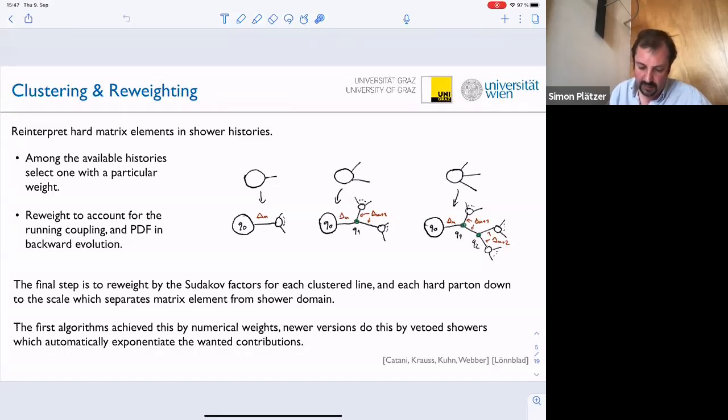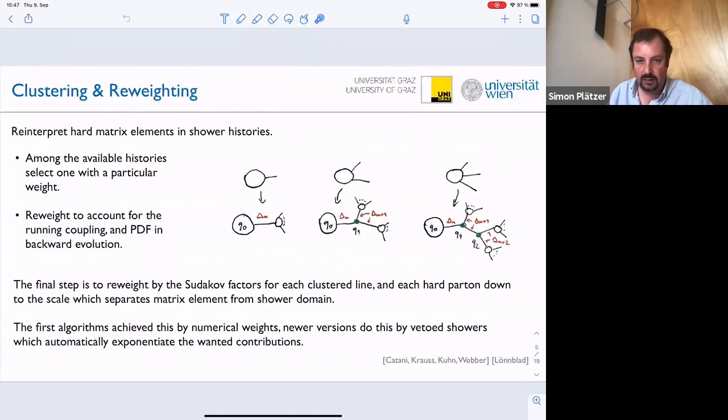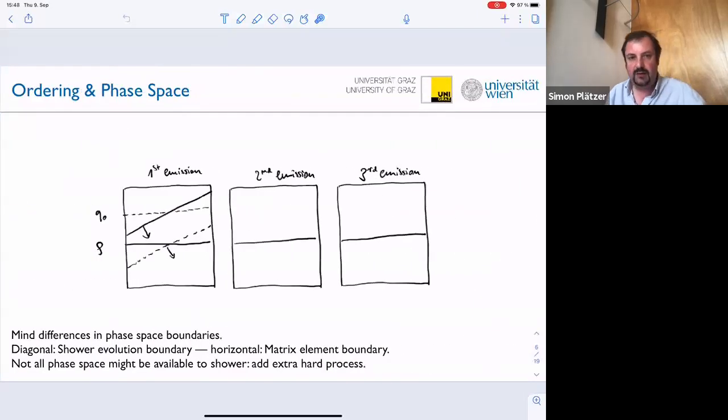So I'm sure you've been hearing about the details of the veto algorithm earlier this week. So this would be the algorithm if the shower was all about just a single scale, and if we could have used that single scale to distinguish between hard and soft emissions. But that's not quite the case.